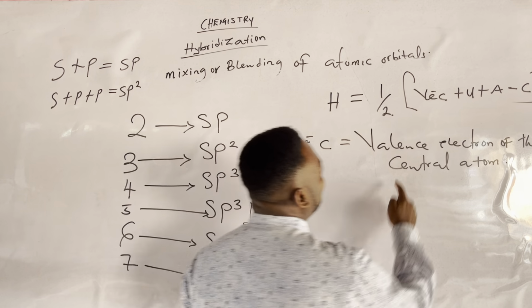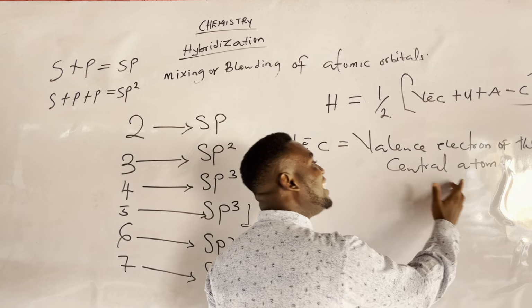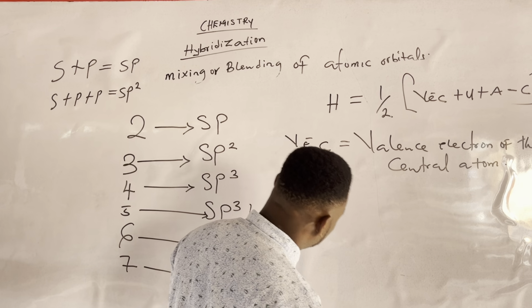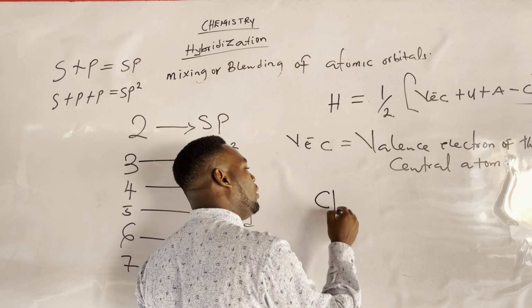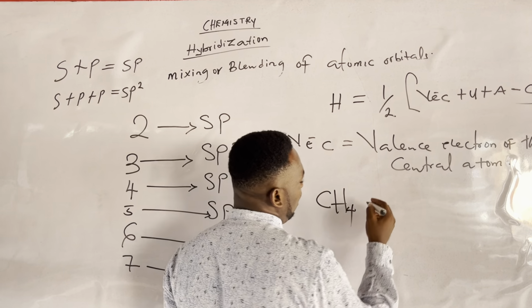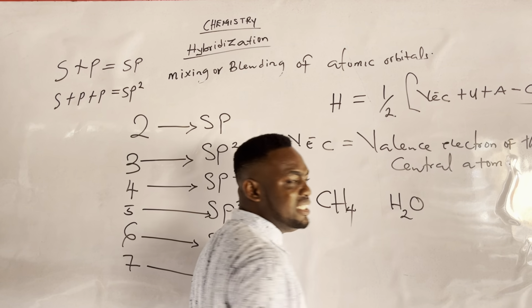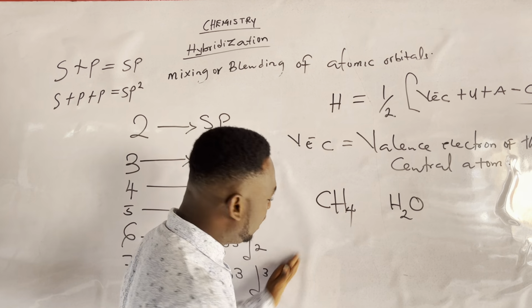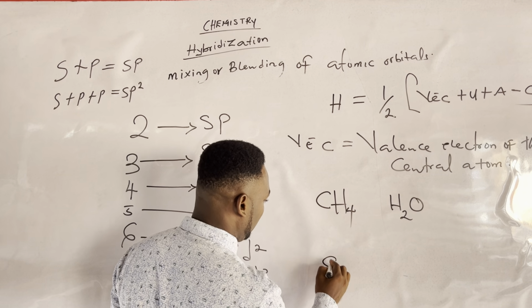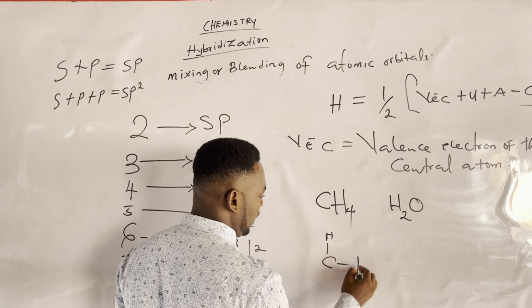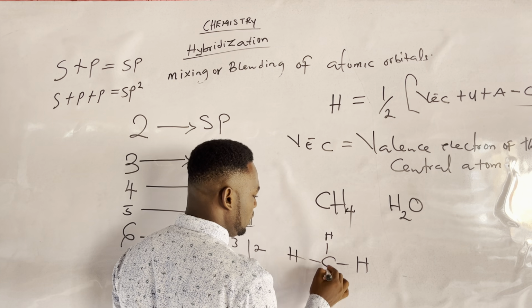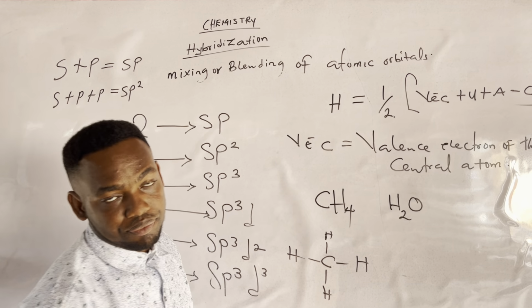Okay, but here we said valence electron of what? Of the central atom. Of course, if I give you a molecule like CH4, and I give you H2O, there is always a molecule at the center. For example, for CH4, if I should draw the structure C, H, H, H, and H, that's what we have.